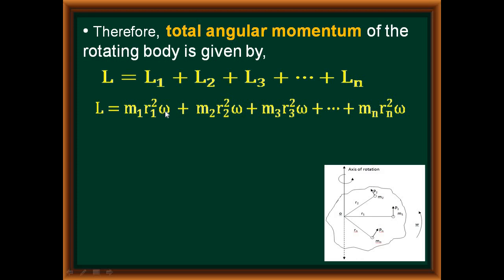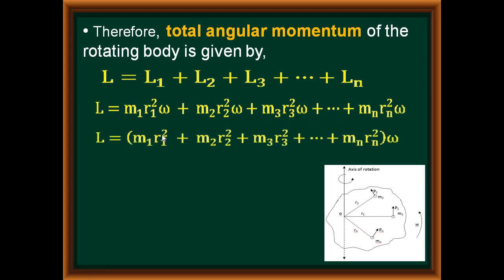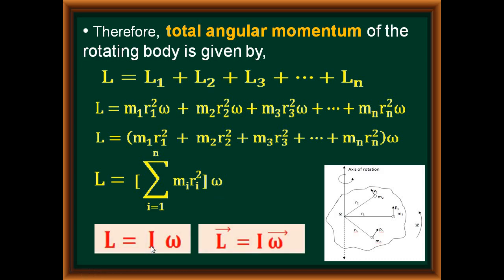In this equation, we can see omega is constant. Therefore, m1 r1 square plus m2 r2 square plus m3 r3 square plus up to mn rn square, this bracketed quantity, is the sum of the product of mass and square of the distance of the particle from the axis of rotation, and this bracketed quantity is nothing but the moment of inertia I of the rotating lamina.